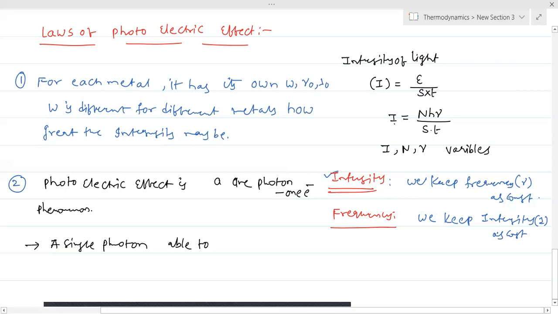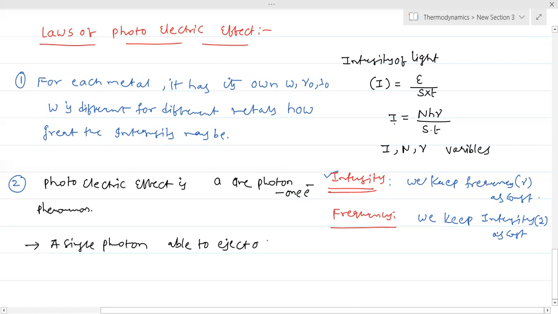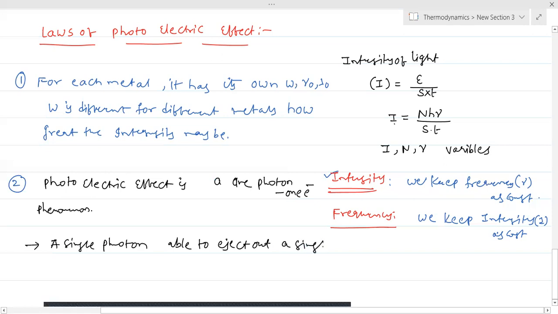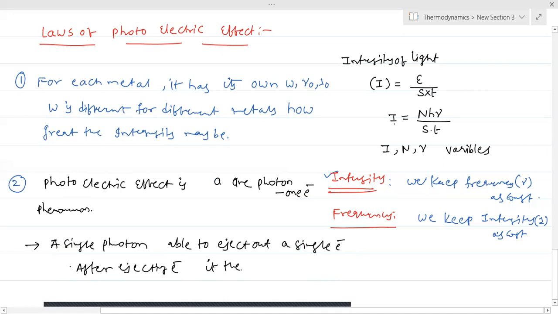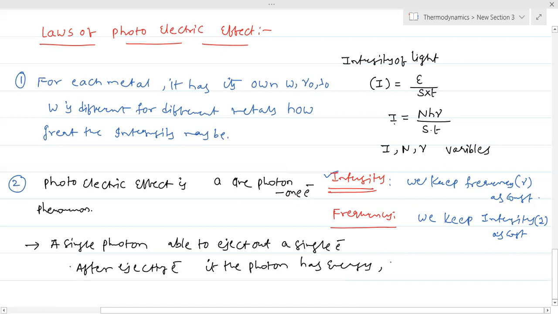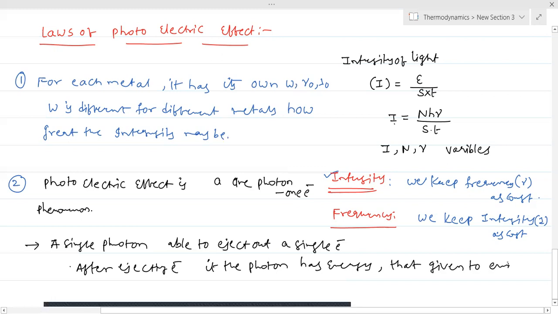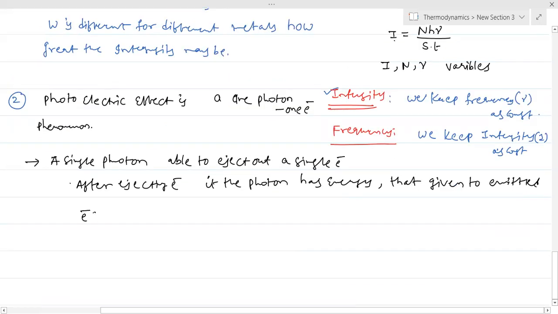Suppose after ejecting the electron, the photon has energy left over, then that is given to the emitted electron.